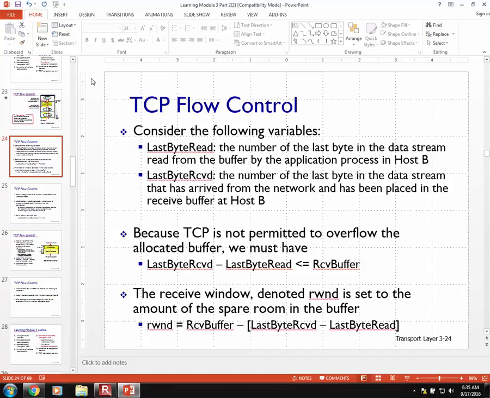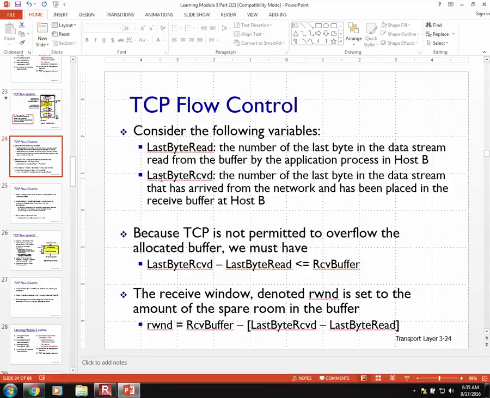That's the last byte in the data stream read from the buffer by the application process in host B. So this is basically the point where the application has left off. It hasn't read any more bytes than this particular byte in the buffer.